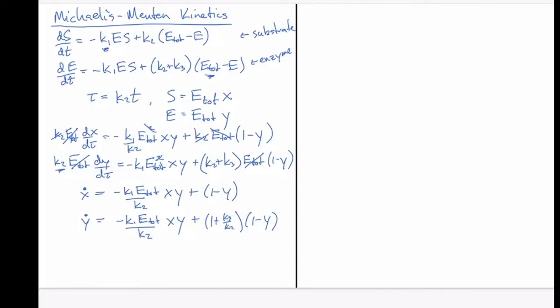So let me rewrite that in terms of simpler parameters. I'll call this alpha times xy plus 1 minus y, and y dot is equal to minus alpha xy plus 1 plus beta times 1 minus y.